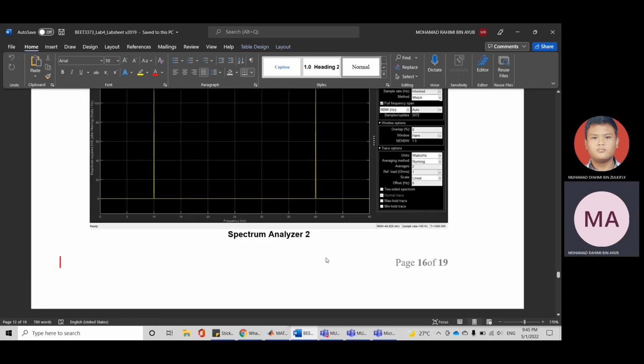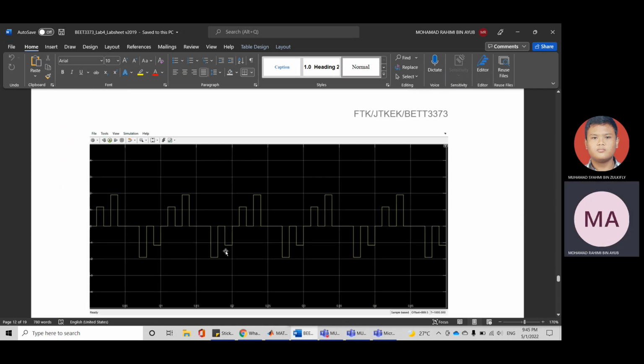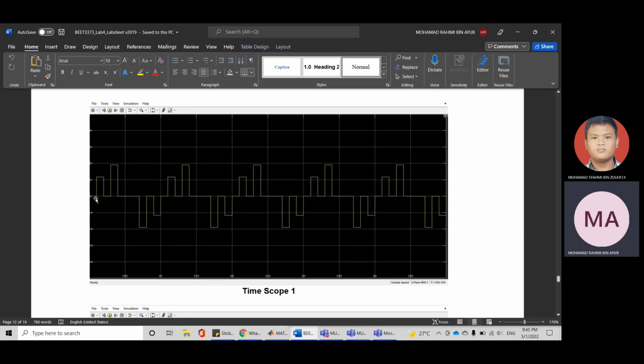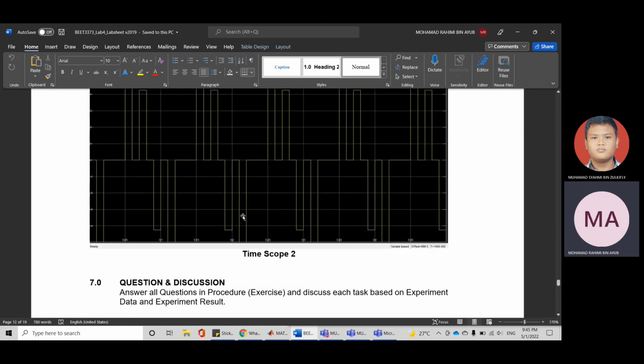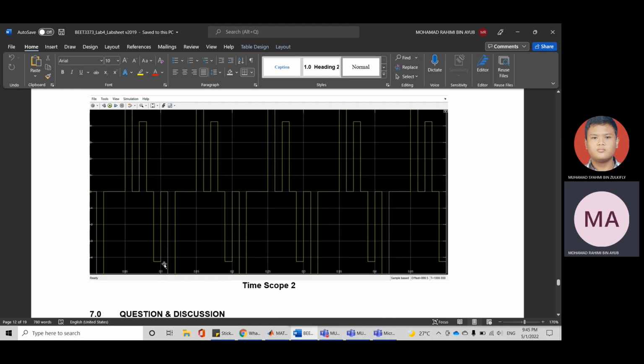For spectrum analyzer 2, it is also the same. For the time scope, the graph will be like this. And for time scope number 2 after the filter, the graph will be like this. It's different; the value becomes longer.